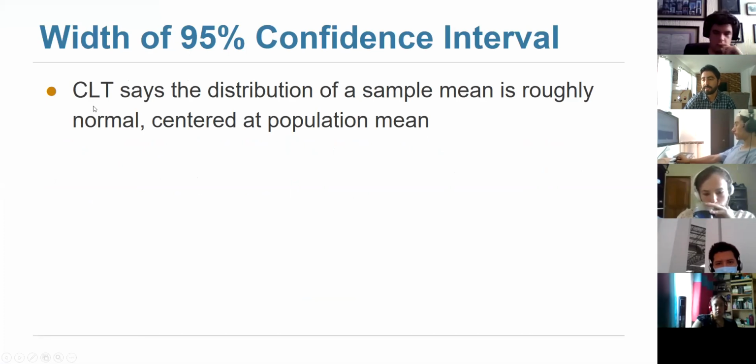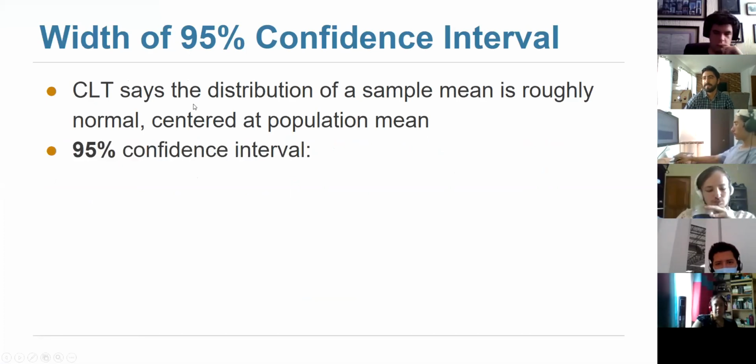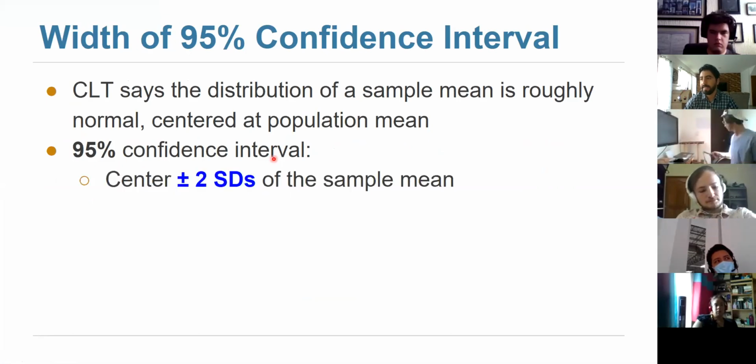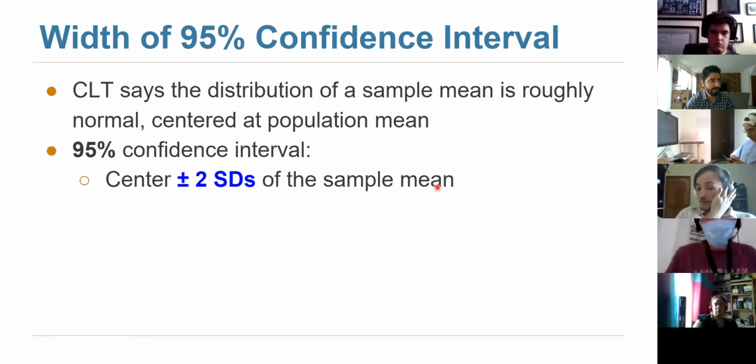We know the central limit theorem says that the distribution of a sample mean is roughly normal, centered at the population mean. This is what we learned from the central limit theorem. So for a 95% confidence interval, if you remember the Chebyshev inequality rules, it's centered around the mean, minus and plus 2 standard deviations of the sample mean.